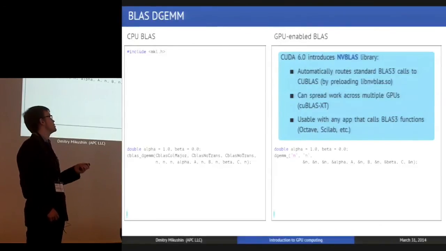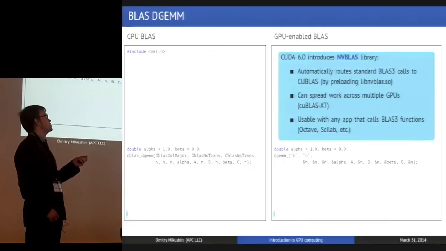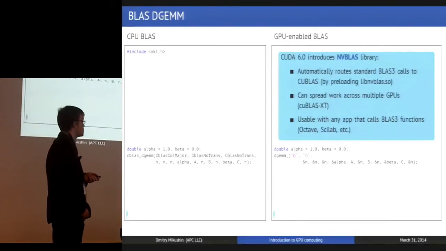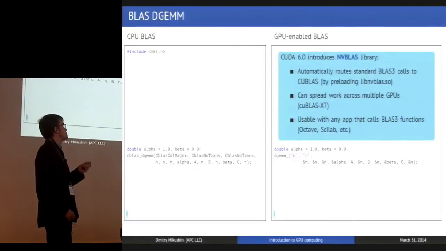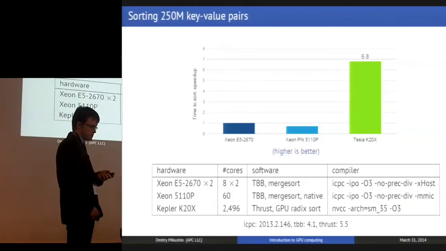It's very simple. You don't even need to recompile your program. Just relink or preload the shared library. Of course, it is usable with many existing applications like Octave, Scilab, etc.